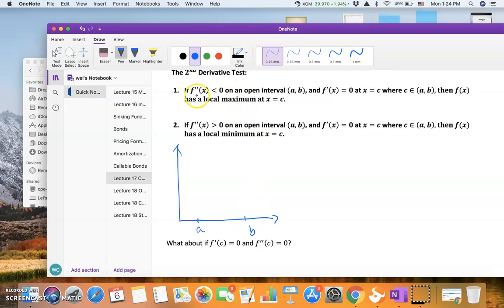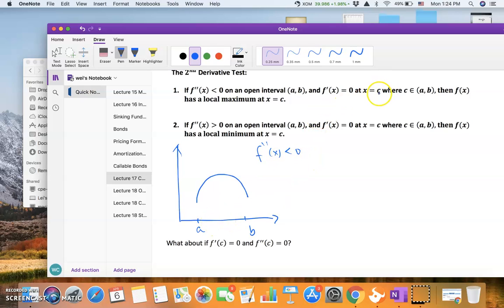Because we know that the second derivative is negative, according to what we have learned, the function is going to be concave down. So it's going to be like this.